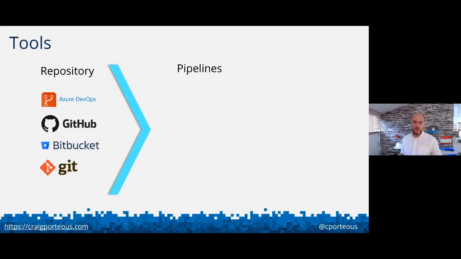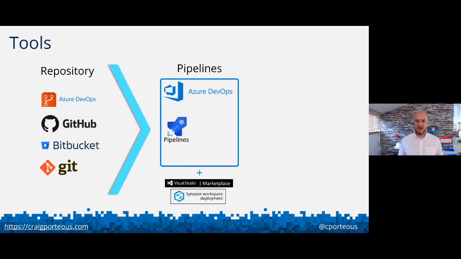When we bring that repository into our pipelines, we then start to get restricted. When we're dealing with our pipelines, we are limited to using Azure DevOps because that artifact component has to use the Synapse workspace deployment marketplace extension within Azure DevOps. So that means you're locked into using Azure DevOps pipelines.